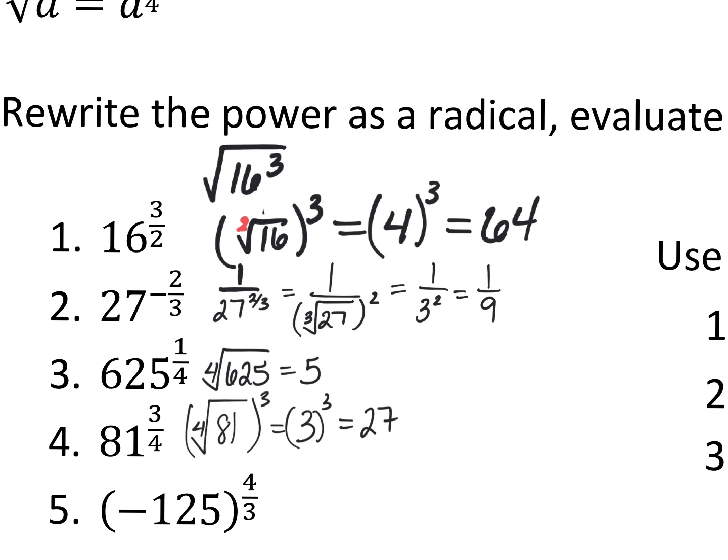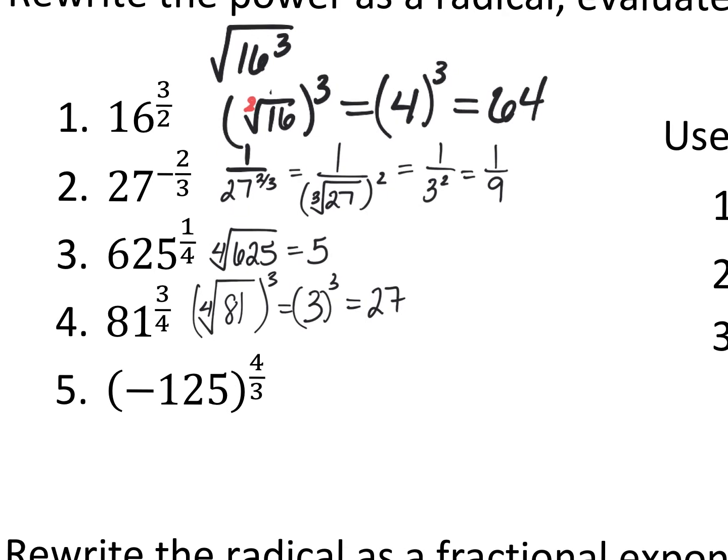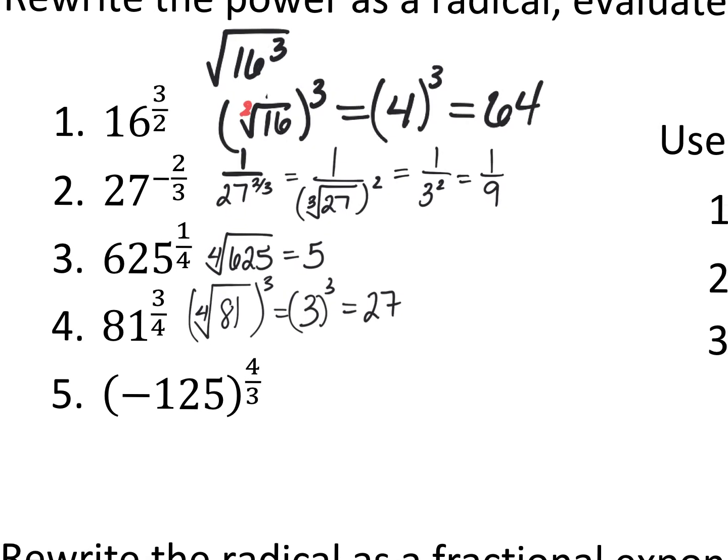Now try number 5. So the root is the 3. So the 3rd root of negative 125, all to the 4th power. The numerator becomes the exponent. That's negative 5 to the 4th. The parentheses are important because it makes it a positive 625. Without the parentheses, the answer would be negative. Okay?